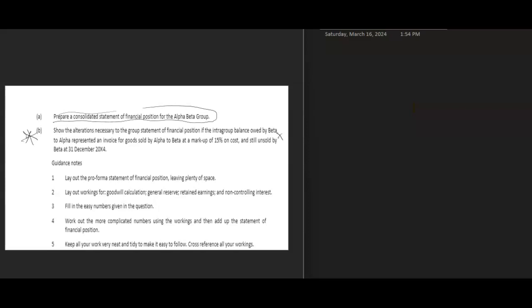We are just going to consolidate, then we will come back to it as B and see how we deal with it.